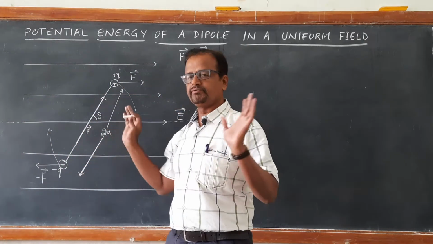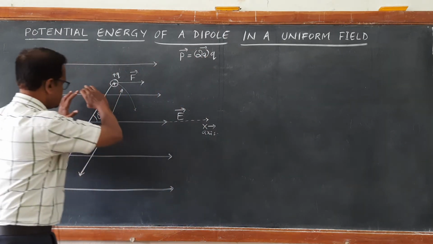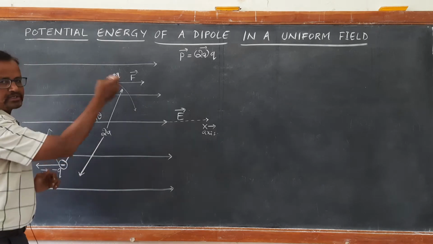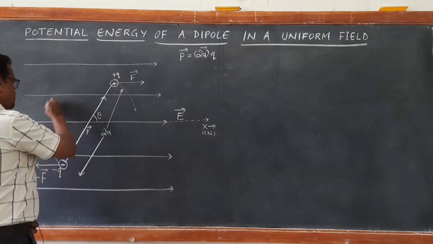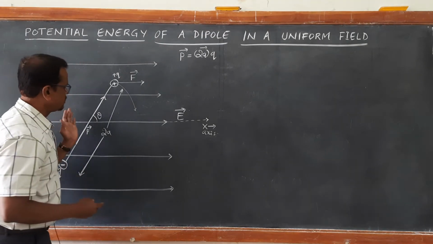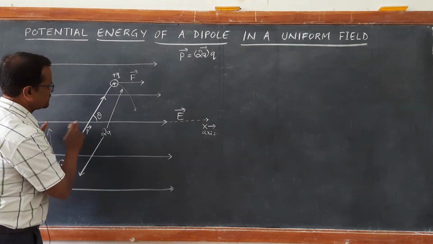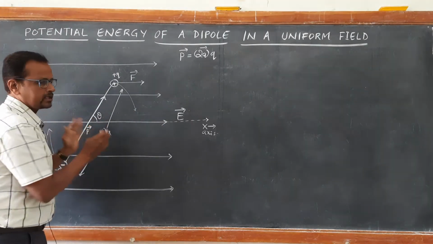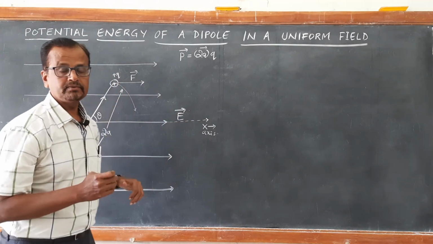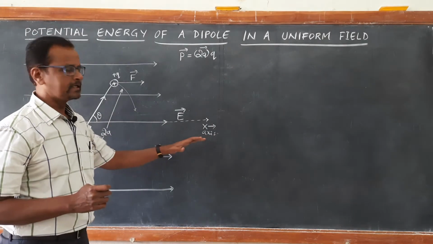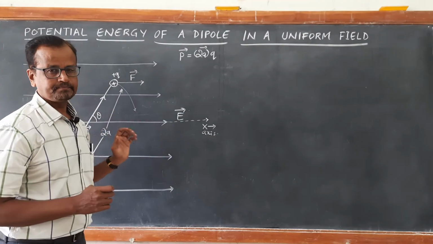So, if you leave it, because of this torque, which is a clockwise torque, you see, the clockwise torque tends to align this dipole moment along the direction of electric field. As a result, the dipole aligns along the direction of electric field, and once it aligns, it will become stable.